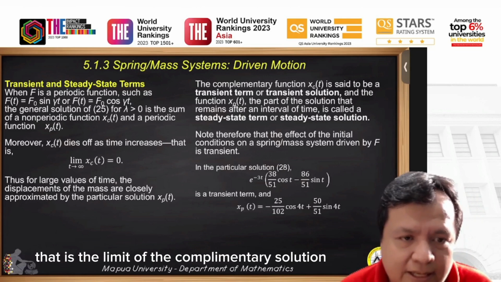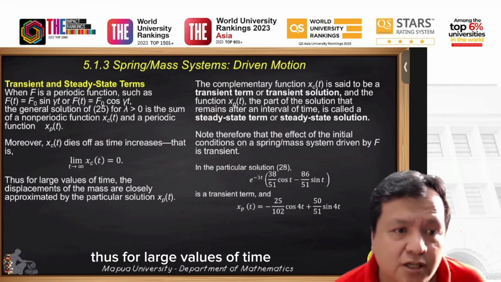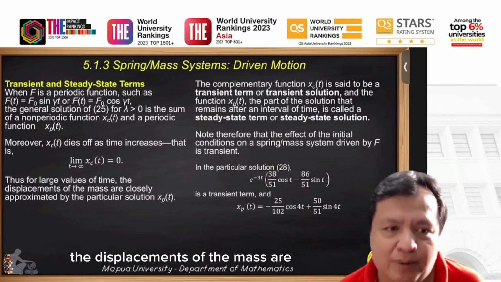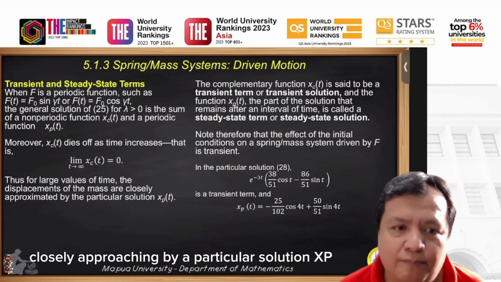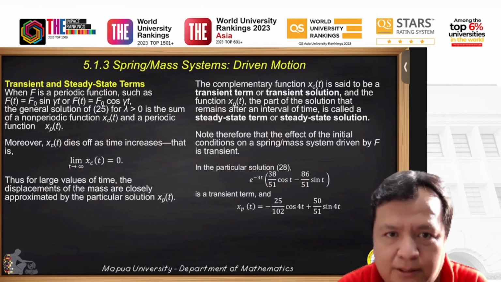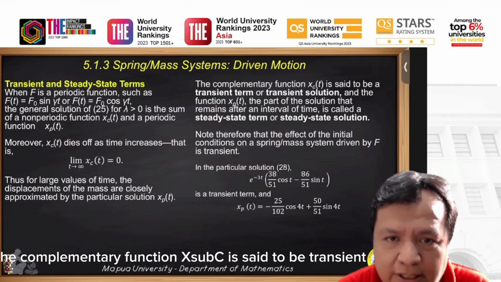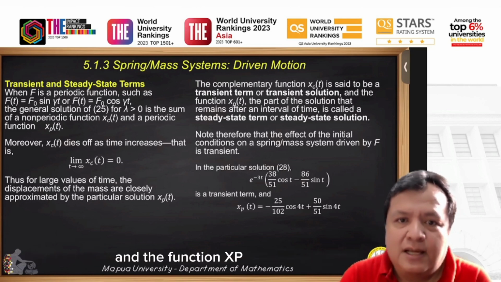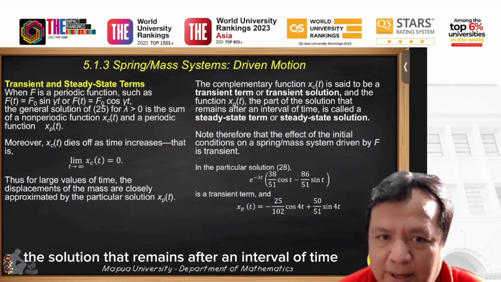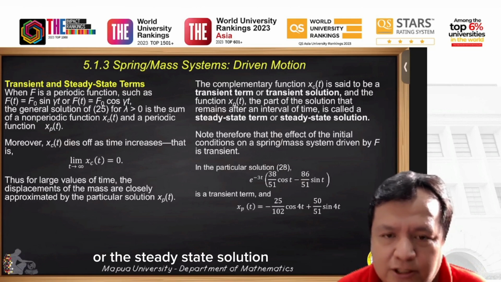That is, the limit of the complementary solution approaches 0. Thus, for large values of time, the displacement of the mass is closely approximated by the particular solution xp. The complementary function x sub c is said to be the transient solution, and the function xp, the part of the solution that remains after an interval of time, is the steady state term or the steady state solution.